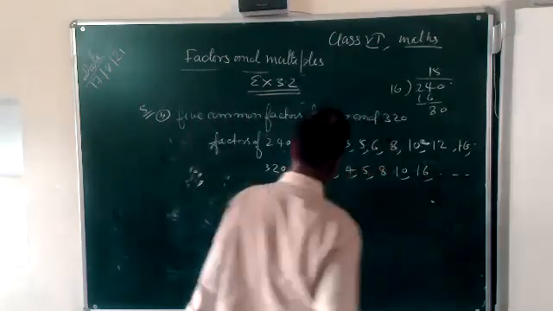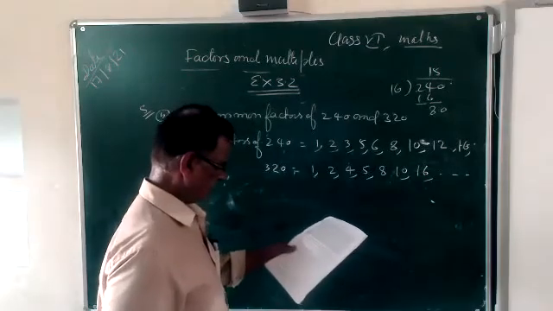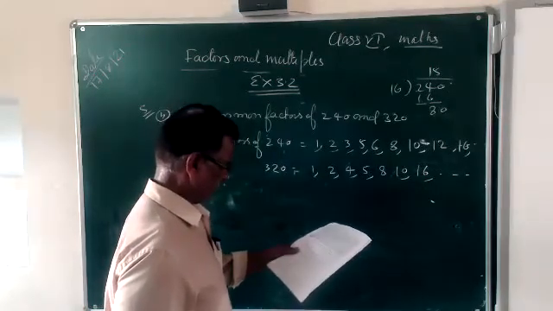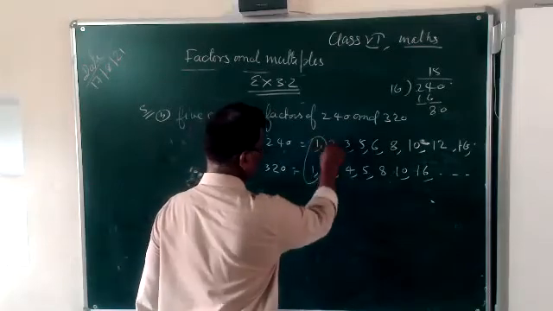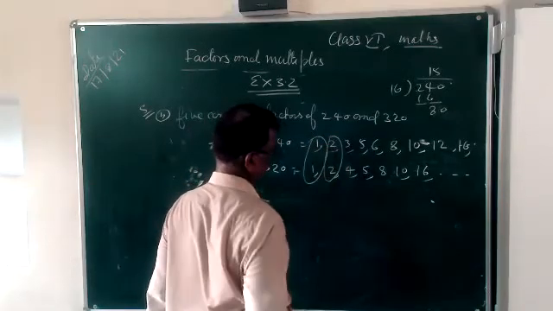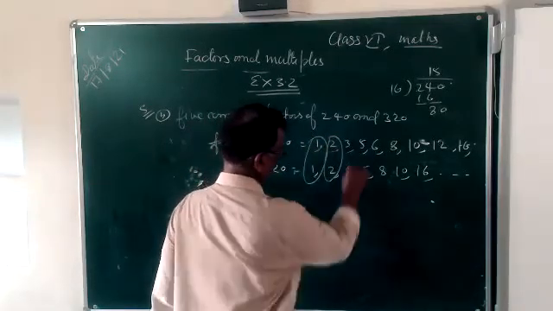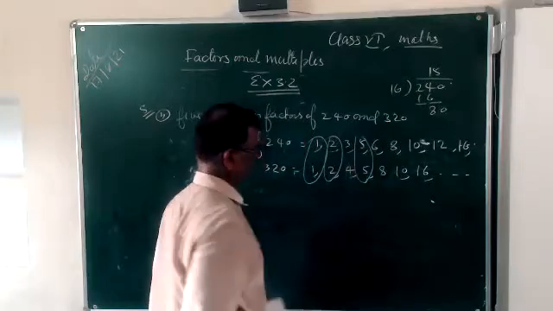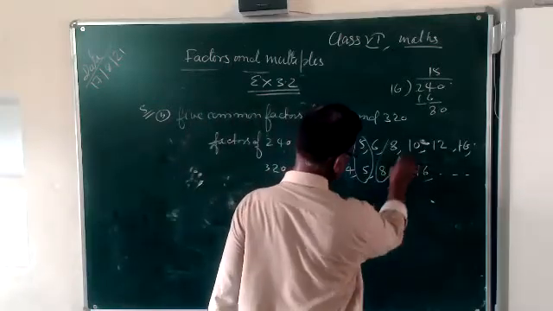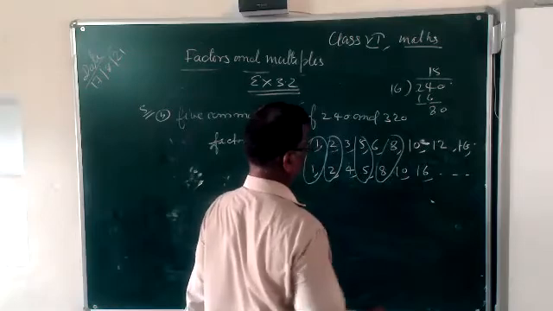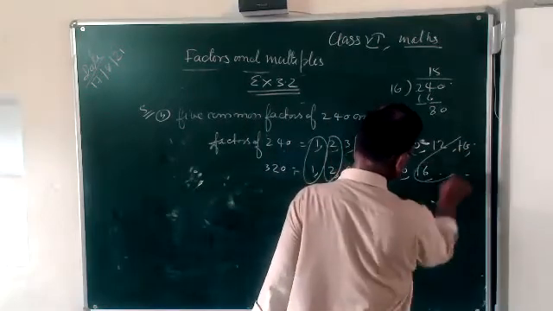Now write 5 common factors, as asked. 1 is common, 2 is common, 5 is common, 8 is common, and 16 is common.